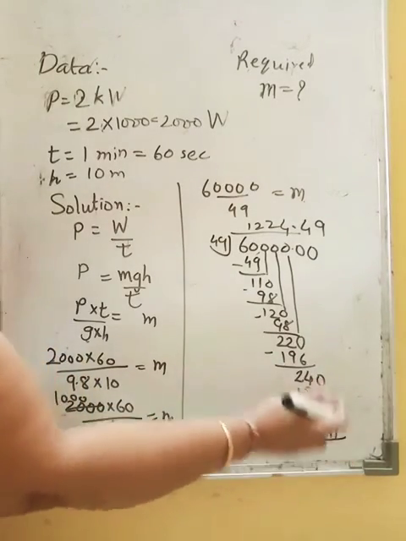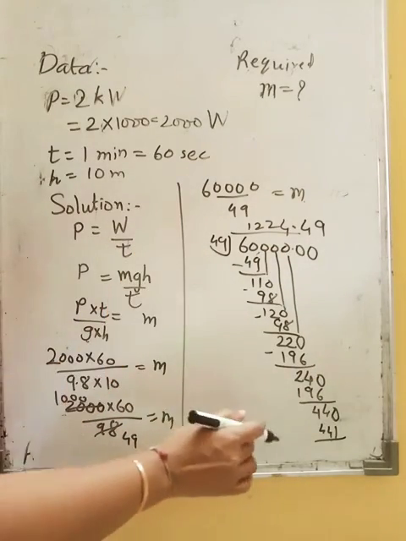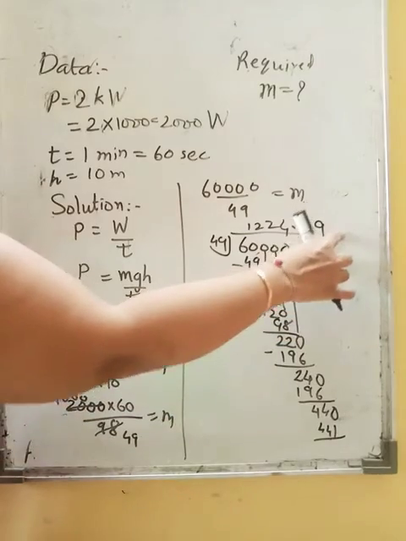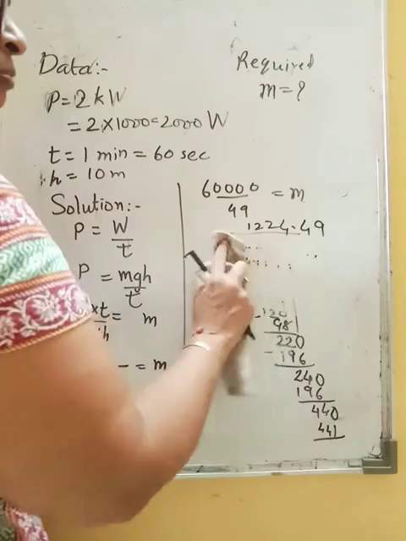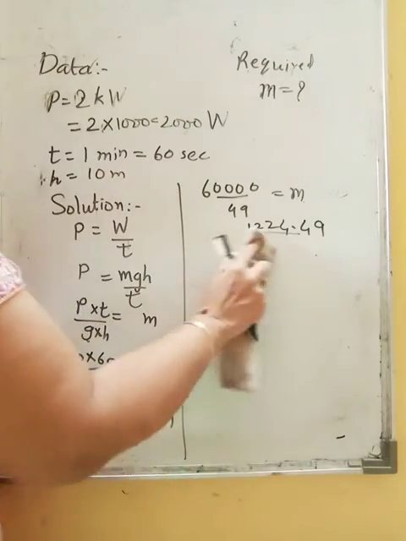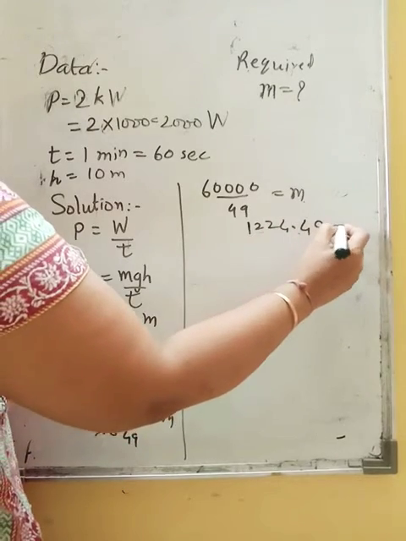So next it will be coming 8, but it will be rounded to 9. If you take the third digit, automatically it becomes 9 here. So the answer comes out to be 1224.49 is equal to m.